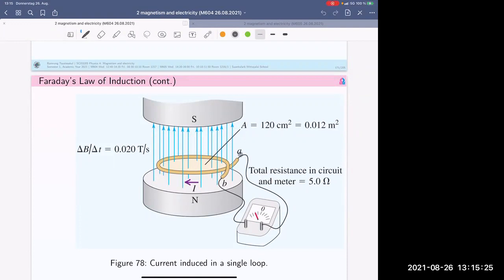we connect the voltmeter, I don't know, voltmeter or ammeter, to this conductor, right?